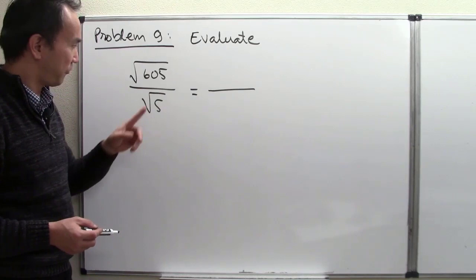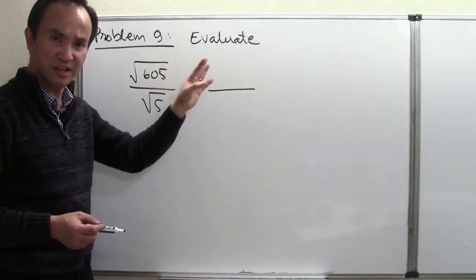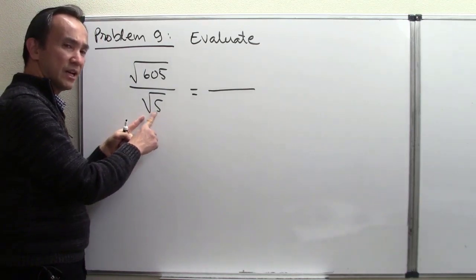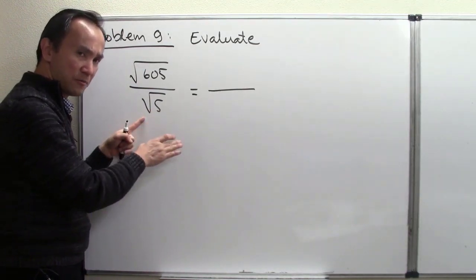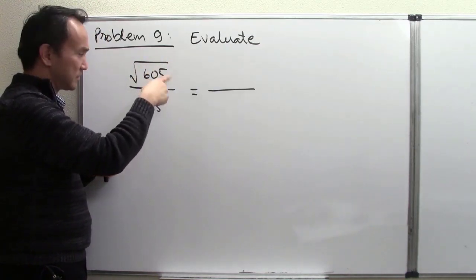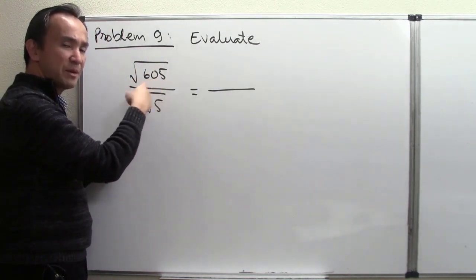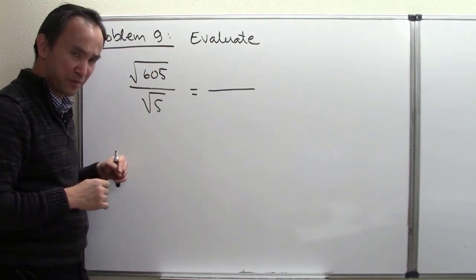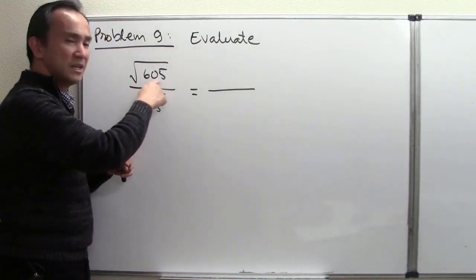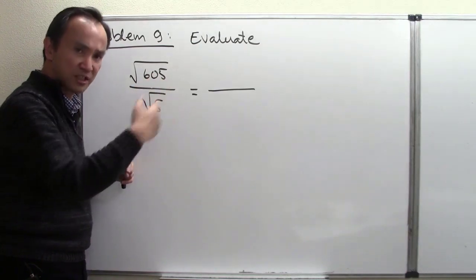Unfortunately, that direction is not working so well because the square root of 5 in the denominator is a very irreducible square root. And the square root on top is going to be a large one, and it's not immediately a perfect square. If we spend time searching for the largest perfect square that goes into 605 as a factor, it takes some time too.